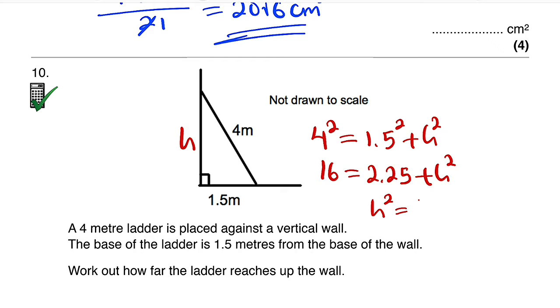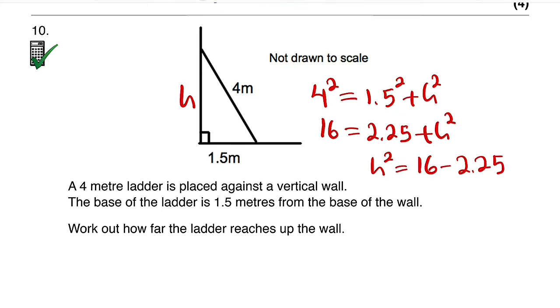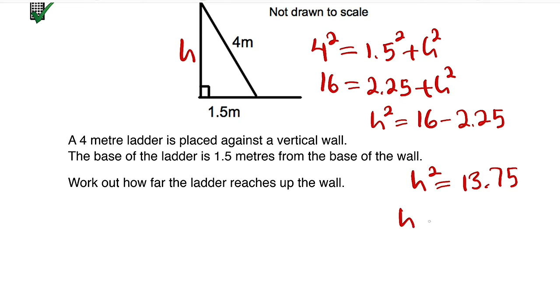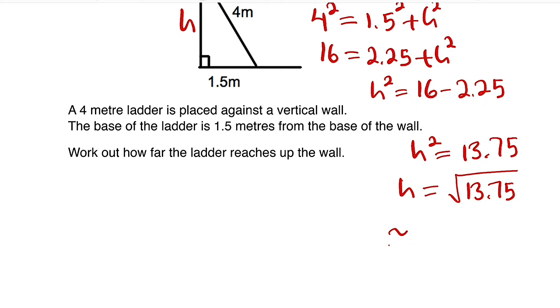Therefore, H squared is equal to 16 minus 2.25, right? And this is equal to 13.75. Then finally, H equals the square root of 13.75, which is approximately equal to 3.7 meter in one decimal place.